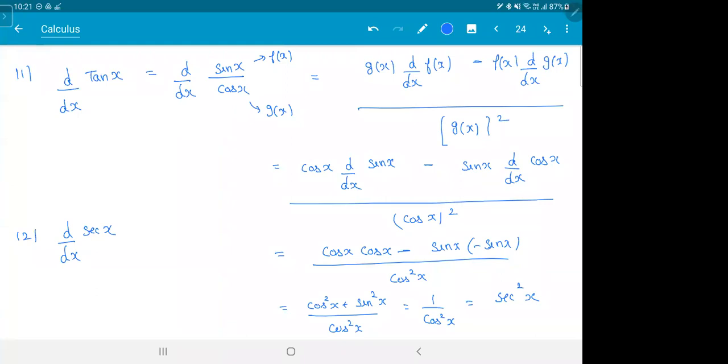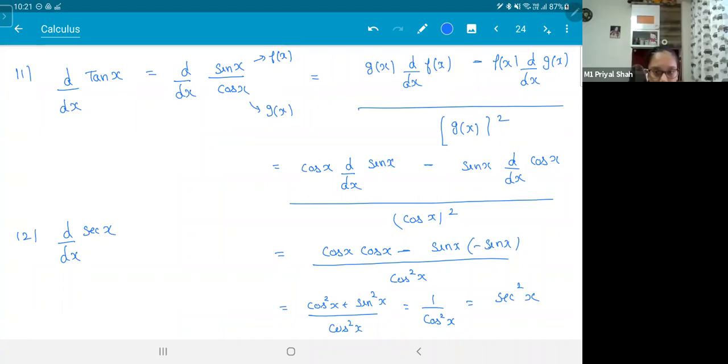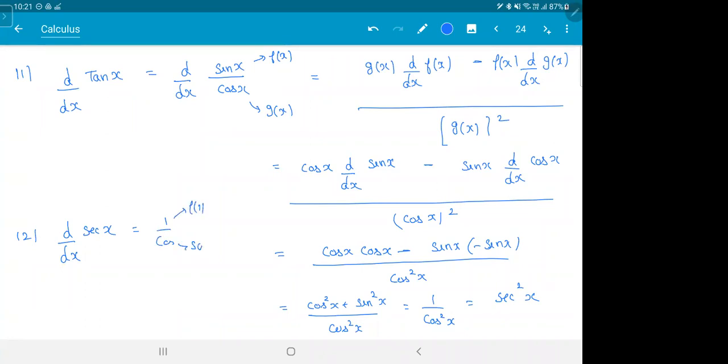How will you do this thing? 1 upon cos x. So 1 is f of x, cos x is g of x. You can treat the constant also as a function f of x. Give it a try. dy dx of secant x.